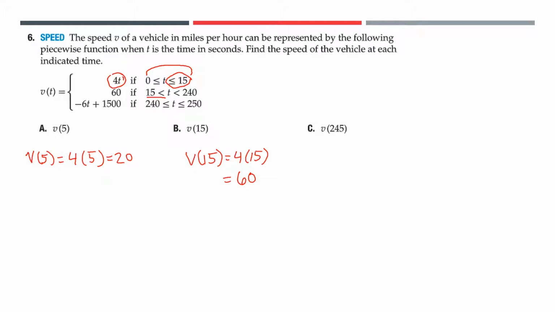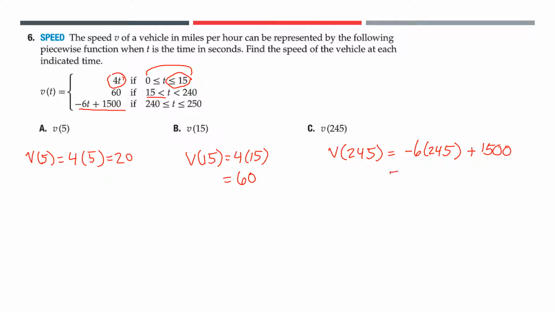I'm going to look here, and 245 is in this last range, and so I need to consider here V of 245 equals -6 times 245 plus 1500. So -6 times 245, I'm going to do that on my calculator real quick so that I can keep up and not make this too long.